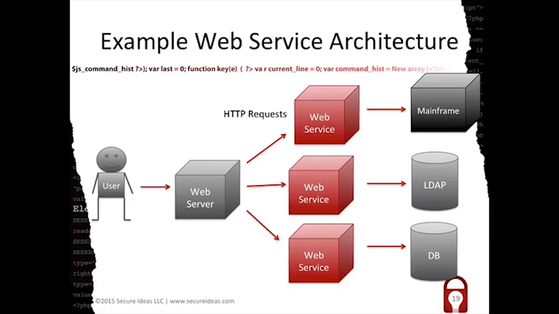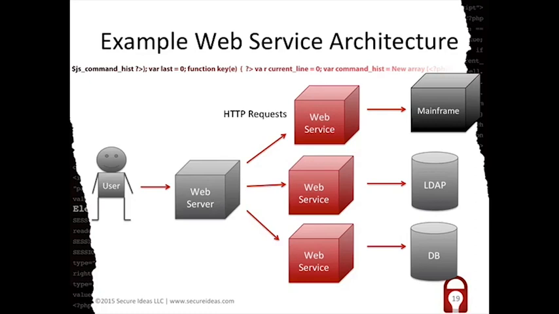So that's abstracted out. The application running on the web server really doesn't need to know the details of what it's talking to beyond the fact that it's a web service. The web service could be exposing functionality from a mainframe, from an LDAP server, or from a database, or from some other legacy system. It can really be anything. You can expose anything in a web service, or it might not talk to anything at all. The web service could contain all of its own logic.